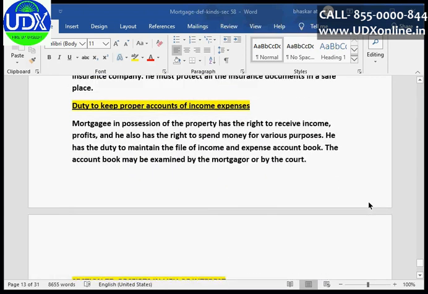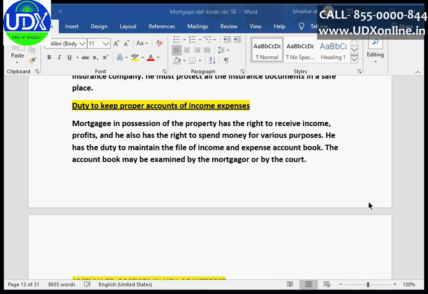And then the last thing is the duty to keep proper accounts of income and expenses. We bring the names of God and goddesses when income comes. So, false accounts and duplicate accounts or bogus accounts or original accounts. But here the duty is imposed on the mortgagee.